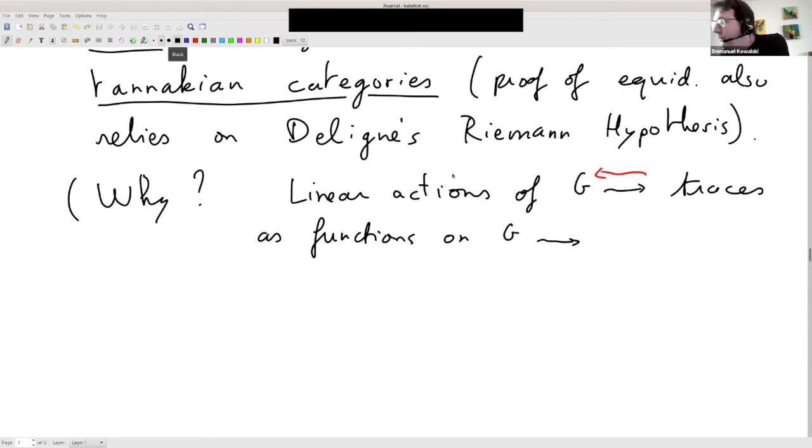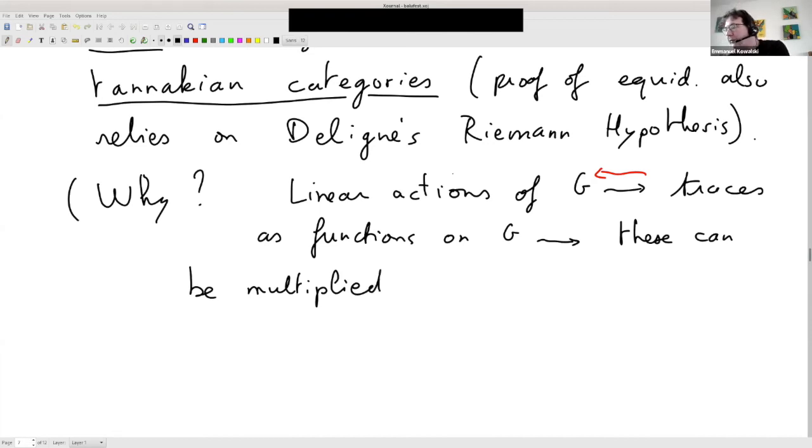Now the point, one of the key ingredients in the rigorous definition of a Tannakian category, is that if you have two linear actions, you can take their so-called tensor product, which concretely means that you can multiply the traces. So if you take two linear actions with two traces, the product of these is a new function, which is also the trace of something. So these can be multiplied. One other way of saying it would be that the set of characters forms an algebra. Concretely, if you have two such special functions, you can multiply them and it's still of the same kind.